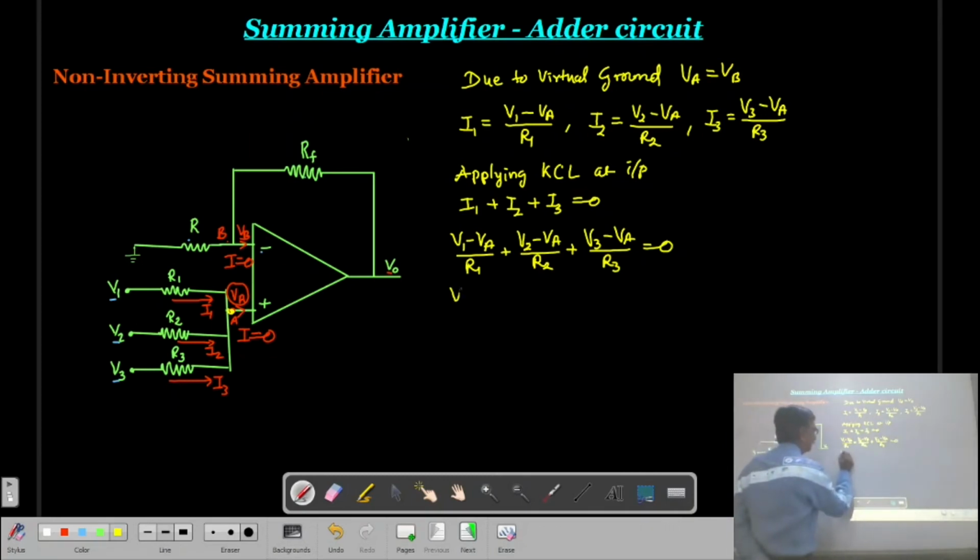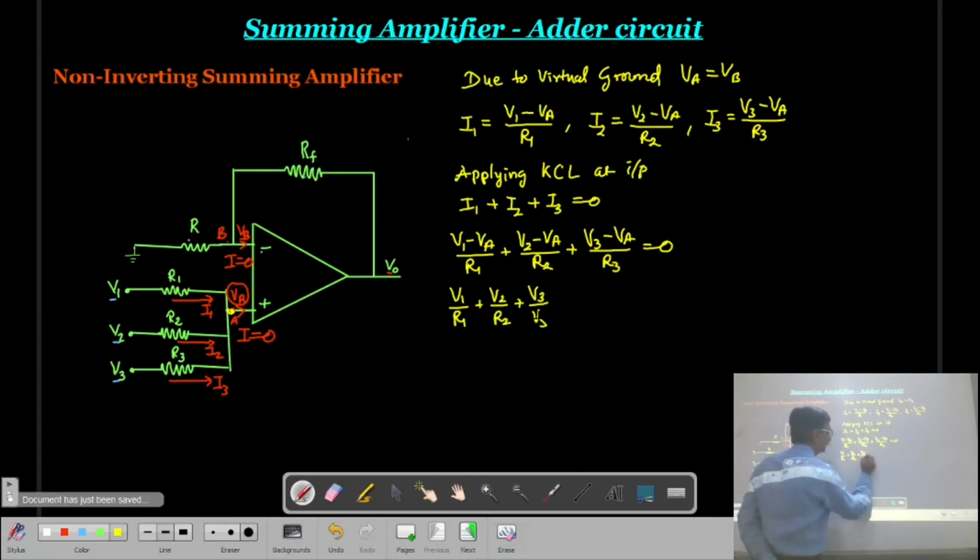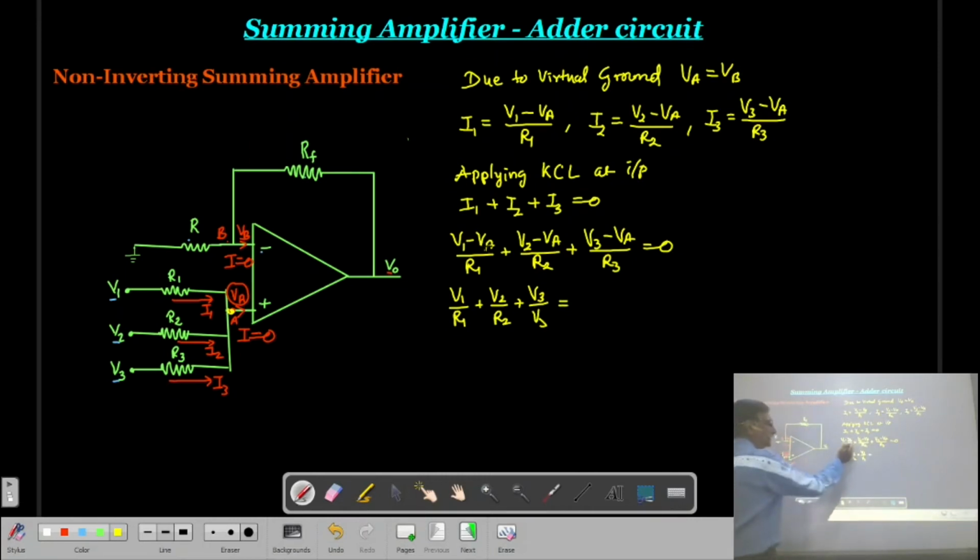Now here we can write V1 by R1 plus V2 by R2 plus V3 by R3 is equal to, now remember, VA by R1 is negative, VA by R2 is also negative, so we take it to the other side.